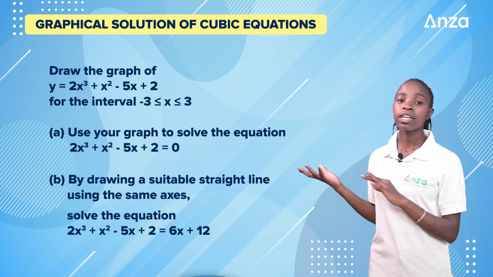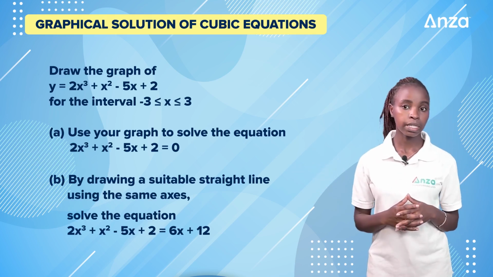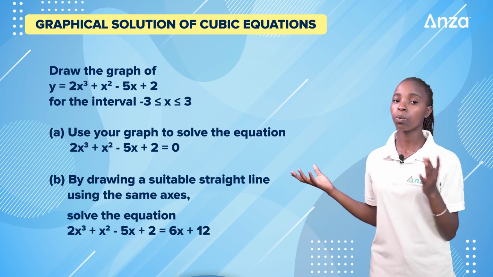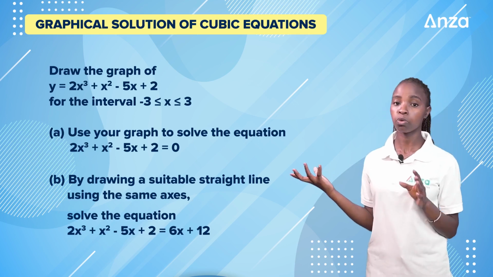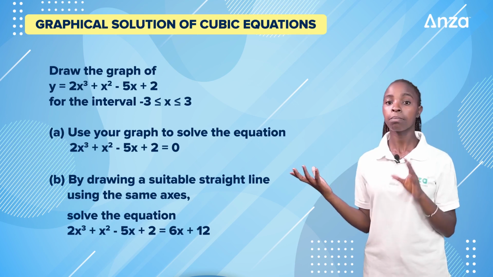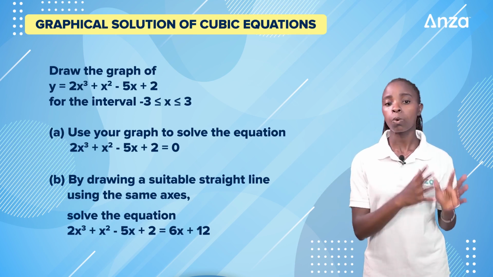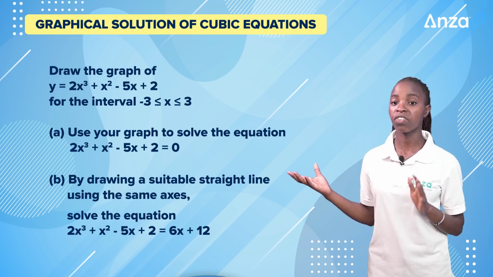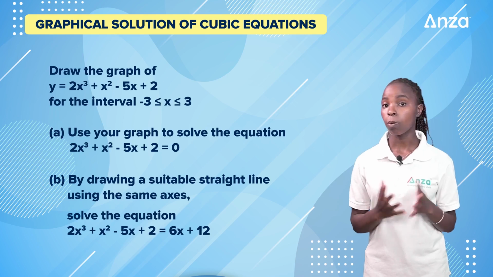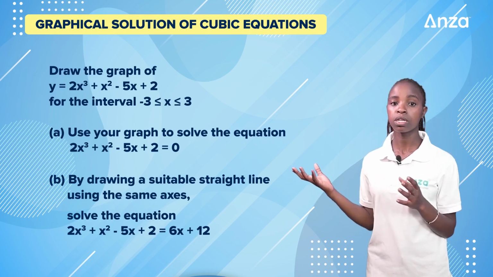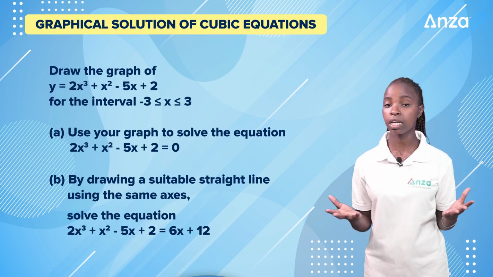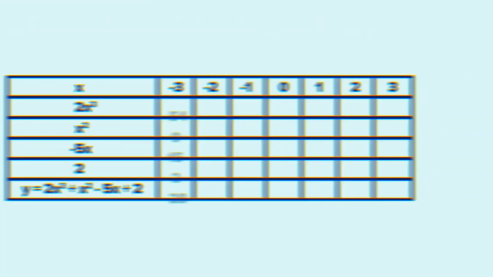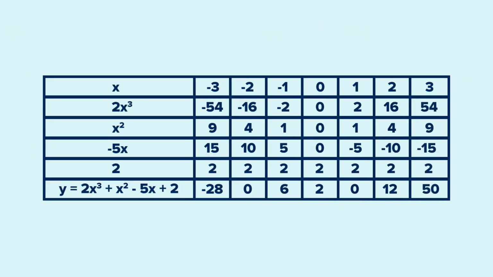So, to find the corresponding values of x and y for the function y is equal to 2x cubed plus x squared minus 5x plus 2, we substitute these values of x in the function. You can have these values in a table as shown.